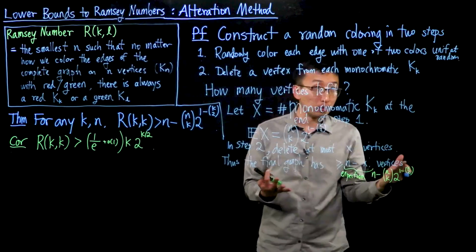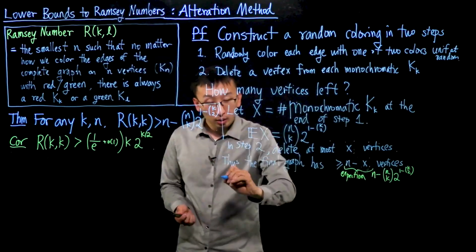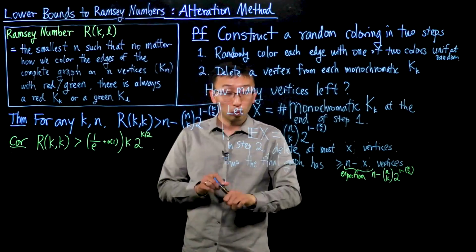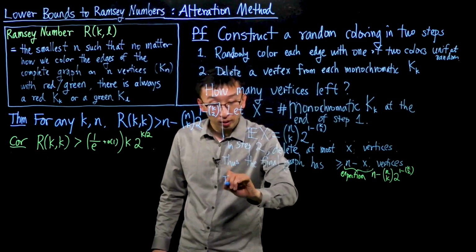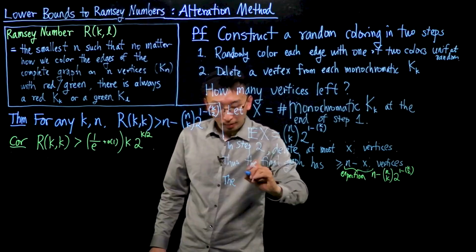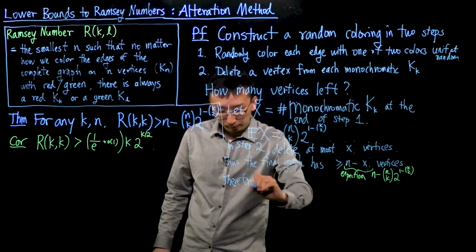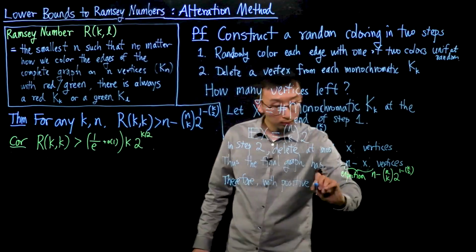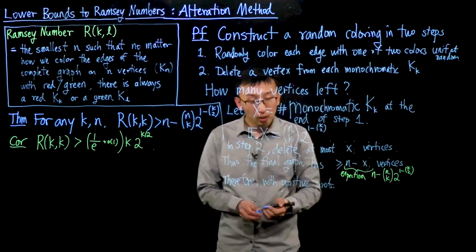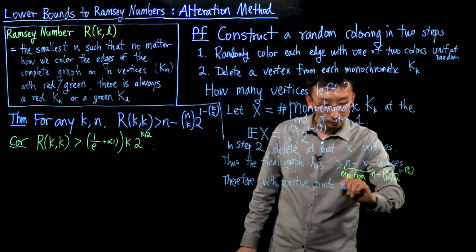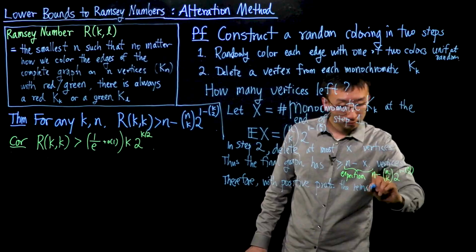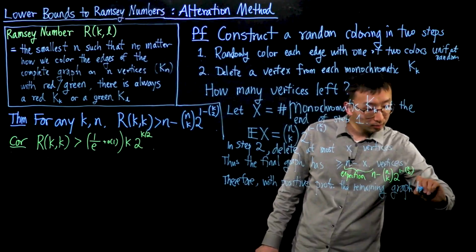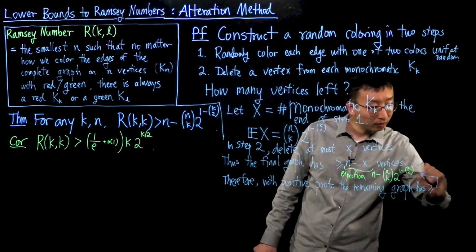Well, that's the average number through this random process, and thus there must always be, with some positive probability, some graph that beats this average. So, therefore, with positive probability, the remaining graph has at least this many vertices.